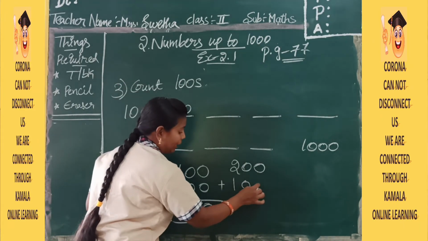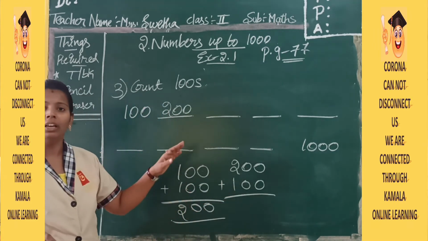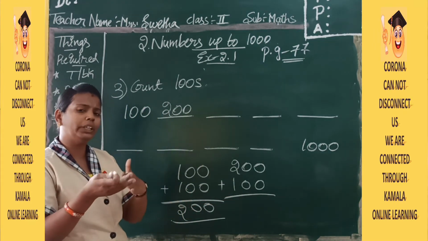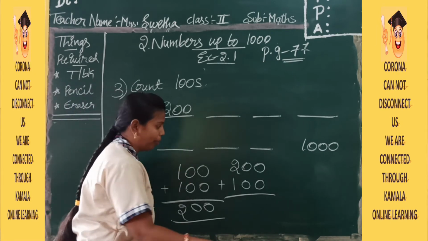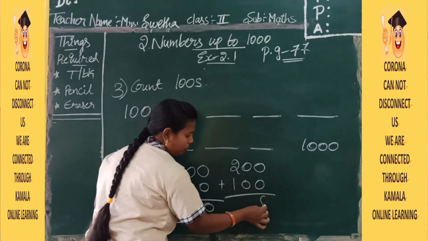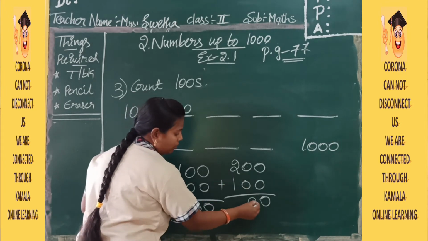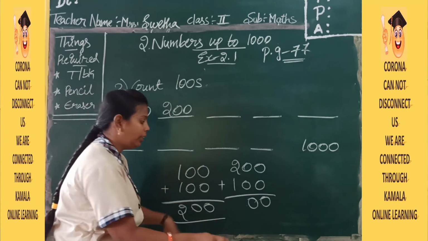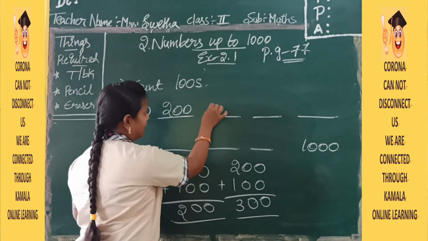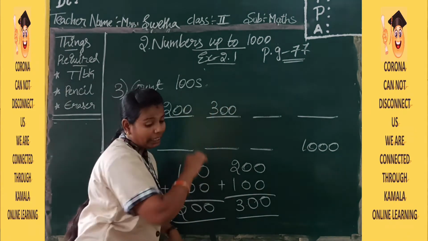Remember addition. If the number is big, you can do with addition. If it is smaller, you can do it in your fingers itself, or addition. There also you can do with the addition. No problem. 0 plus 0, 0. 0 plus 0, 0. 2 plus 1, 3. Okay. So your next blank will be with 300.